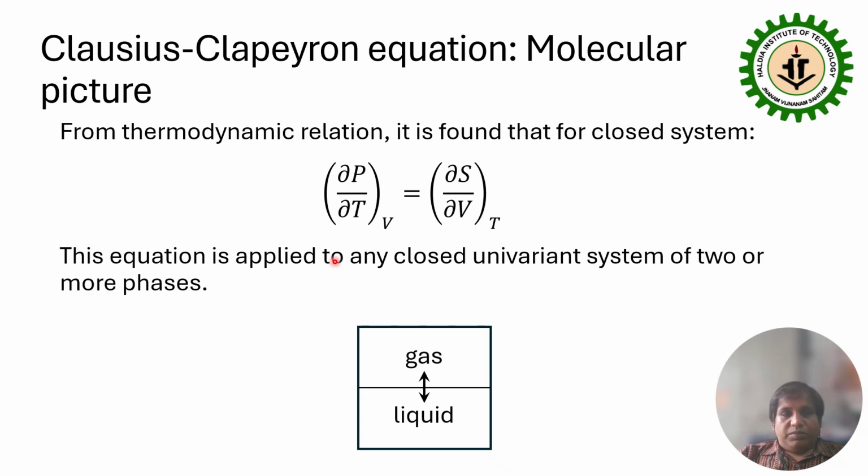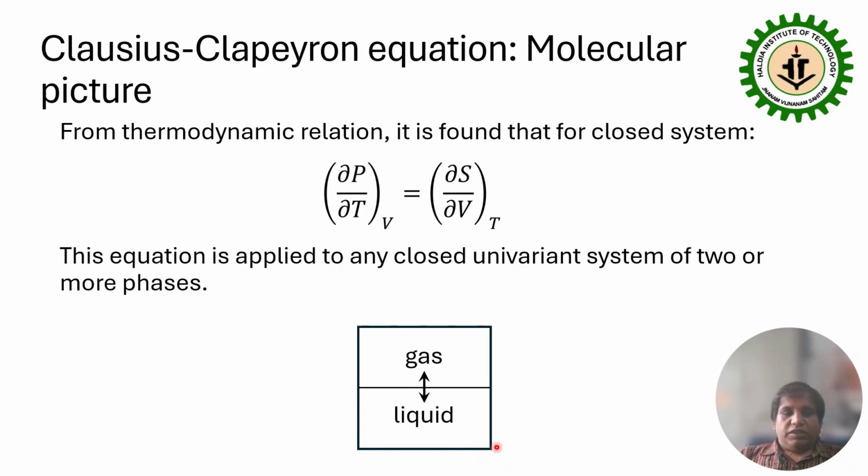The same equation also states that if we maintain the system at constant temperature, that is, an isothermal process, the volume change is connected with the entropy. If we increase the volume, the entropy will increase.